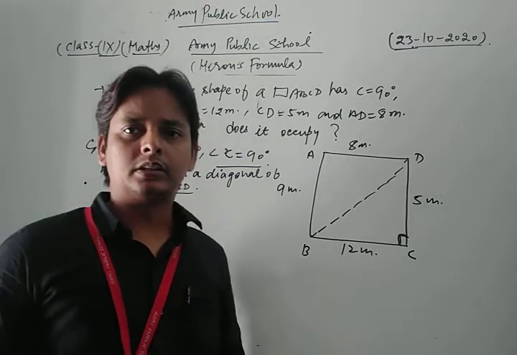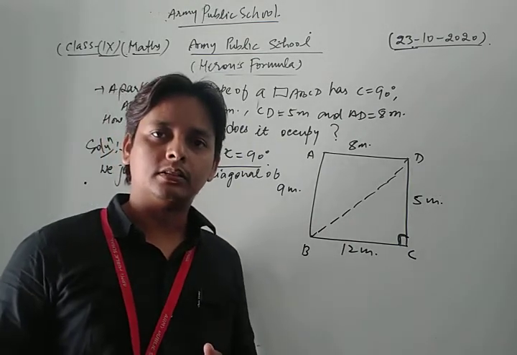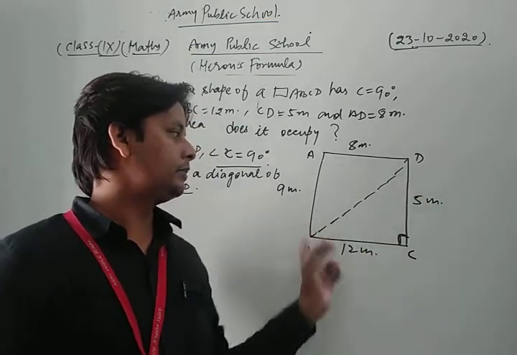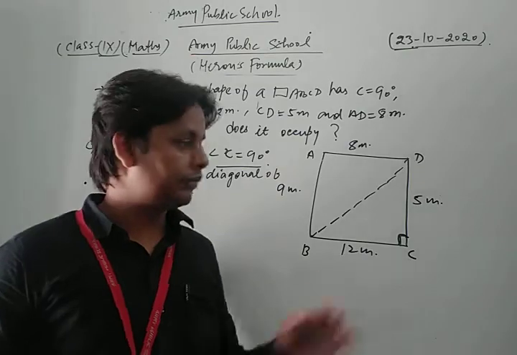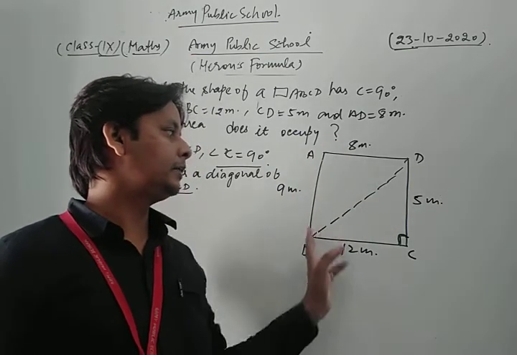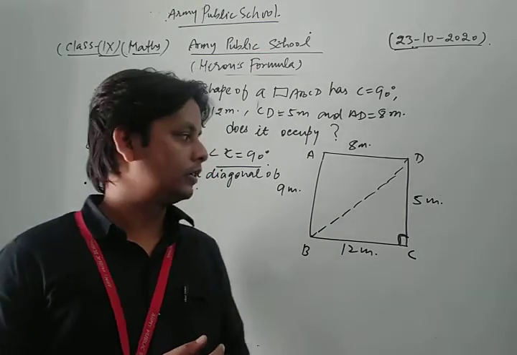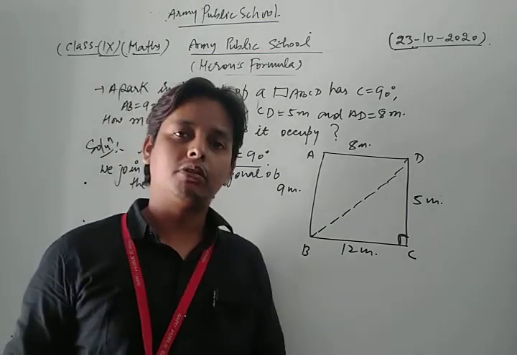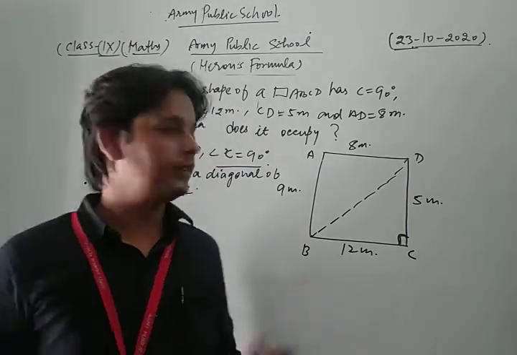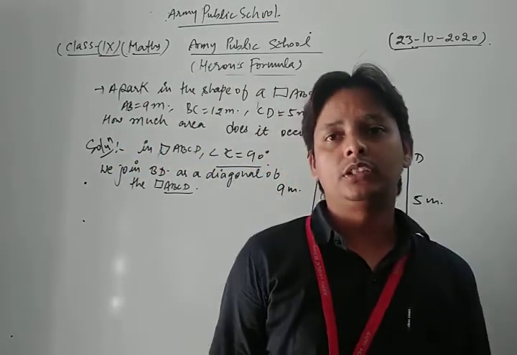In that diagram, we split the quadrilateral into two triangles: one triangle is BCD, the second one is ABD. First we find the area of triangle BCD, then the area of triangle ABD. After that, we add the areas, and hence we get the area of the required quadrilateral.